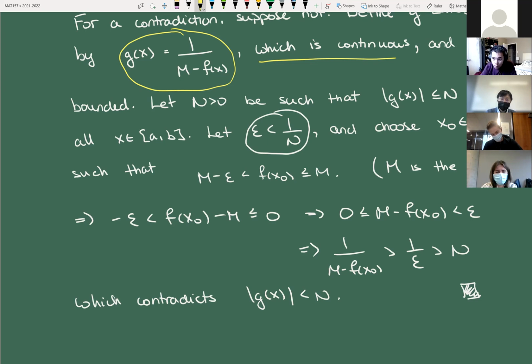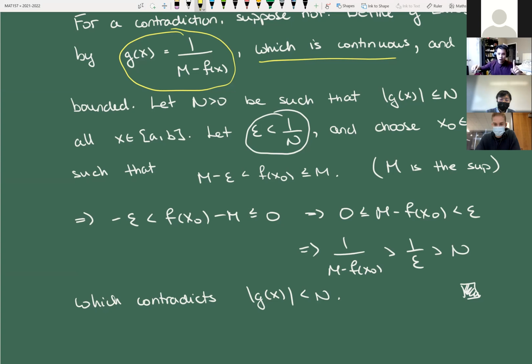I'm trying to show that there is a value of x for which f of x is equal to capital M. By defining this function, I can get f of x as close to m as I want, which means I can make the denominator as close to 0 as I want. So g of x is going to shoot off to infinity, as big as you want it to be.